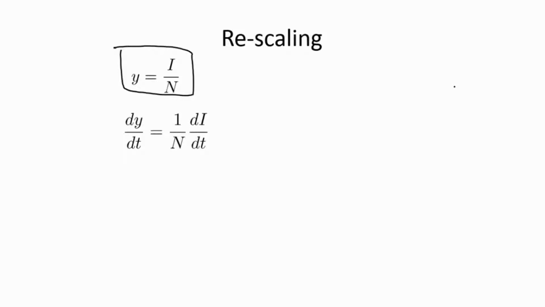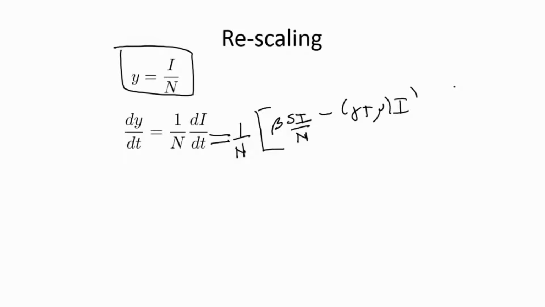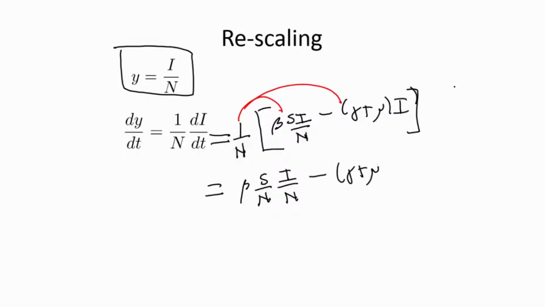Okay, so let's see what this looks like. This is 1 over n times the expression we have here, beta s I over n minus gamma plus mu times I. Right, so we're going to distribute 1 over n times each term. So this becomes beta s over n times I over n minus gamma plus mu times I divided by n.